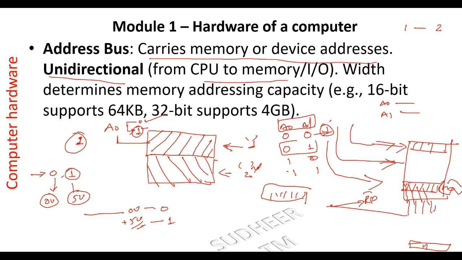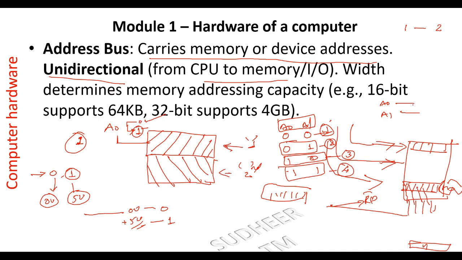If they are 0, 1, we are able to address the second memory unit of the IC. And 1, 0 is different from 0, 1, so we are able to manage the third memory unit in the memory IC. And if they are in the combination 1, 1, we are able to address the fourth memory location.